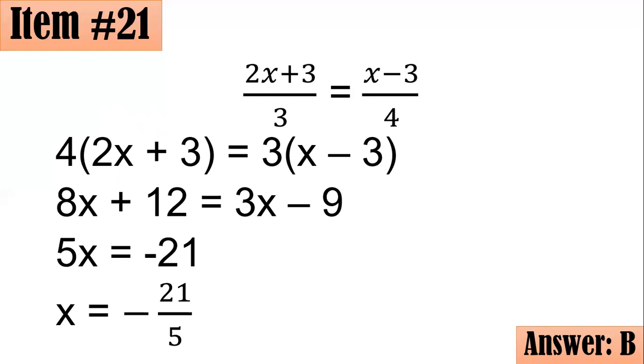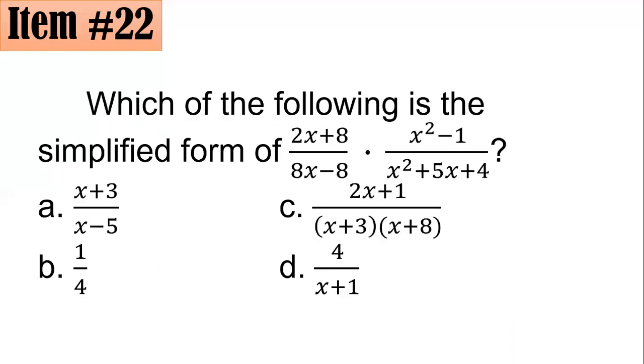Next number. Which of the following is the simplified form of (2x + 8)/(8x - 8) multiplied by (x² - 1)/(x² + 5x + 4)? To do this, it is important that we know the concept of multiplication.